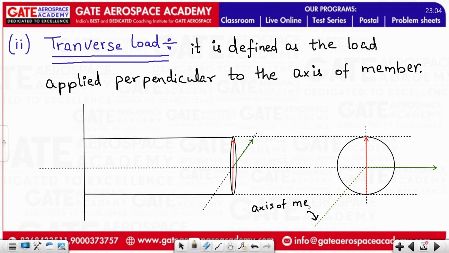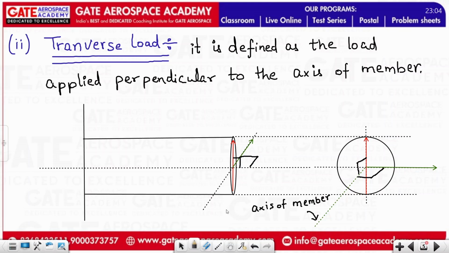You can see that these forces are actually perpendicular to the axis of the member. Okay, just remember this thing. These forces are perpendicular to the axis of member.